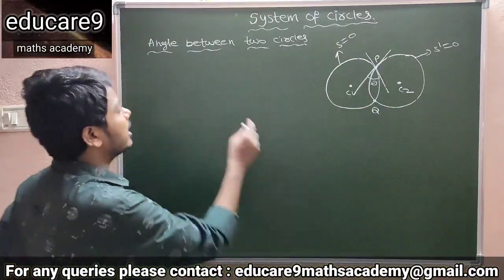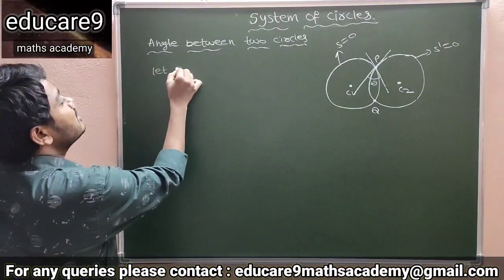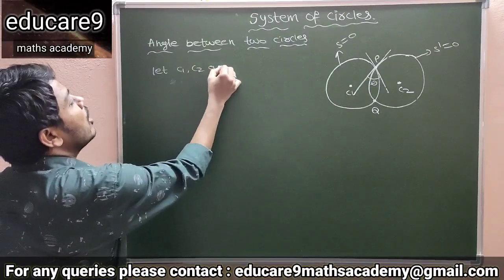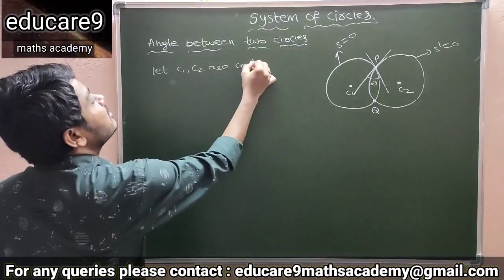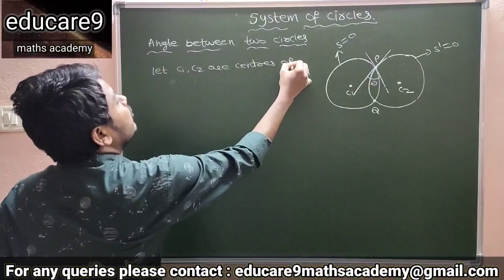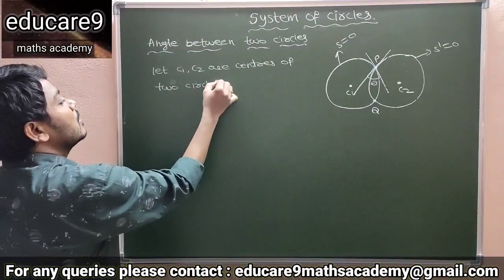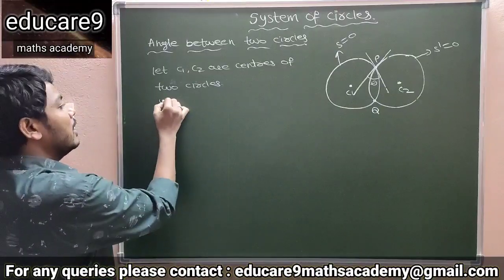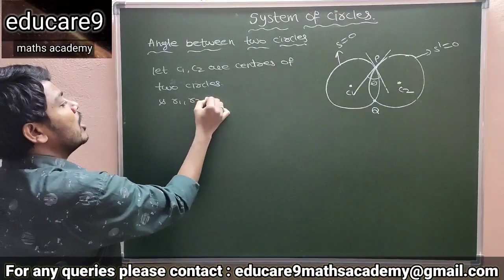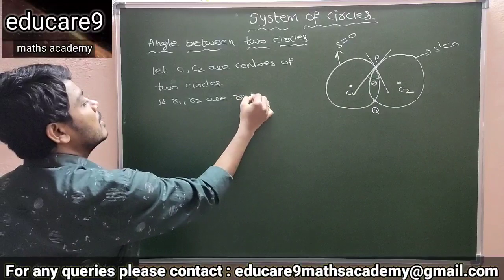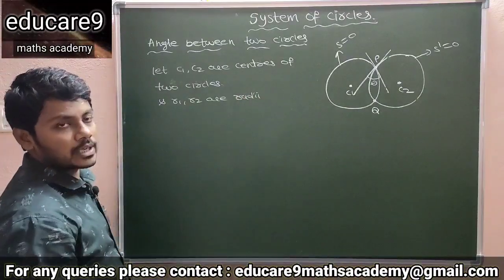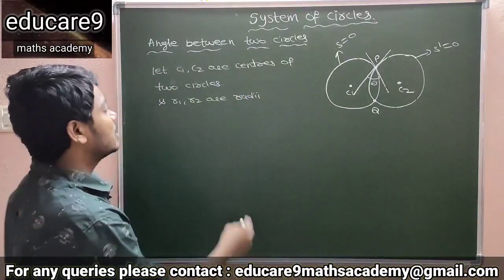Okay. So here let C1, C2 be the centers of the two circles. Okay. And R1, R2 are the radii of the two circles. Okay.